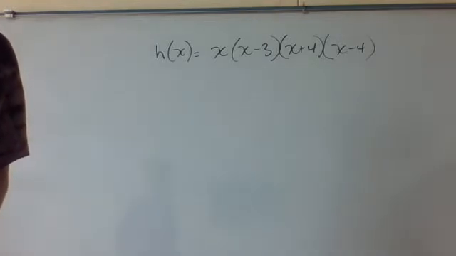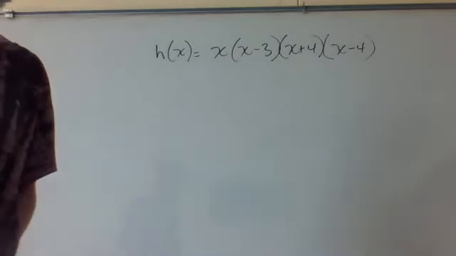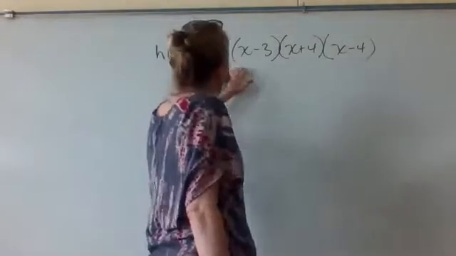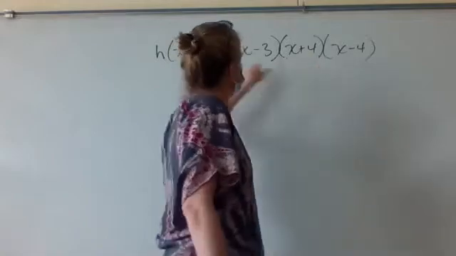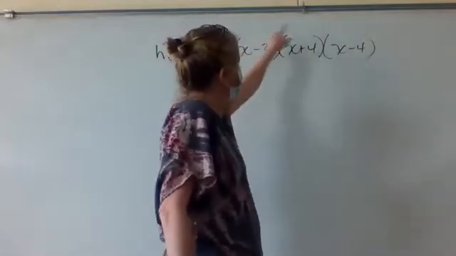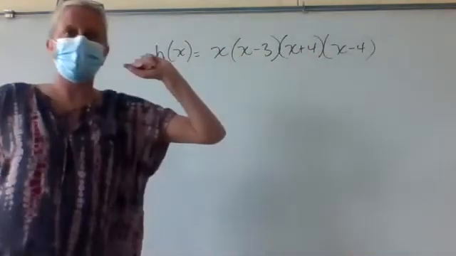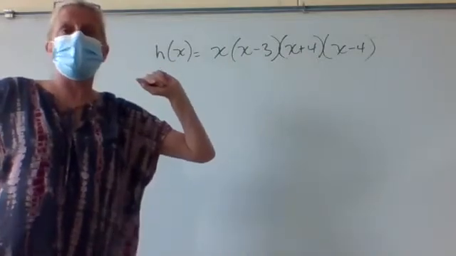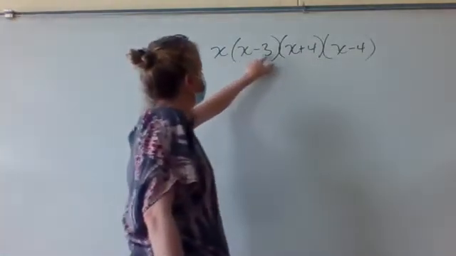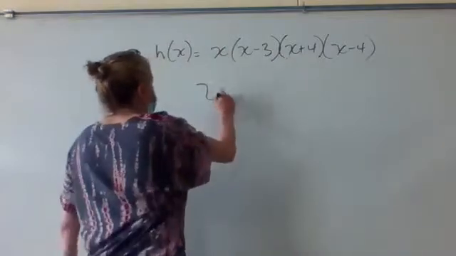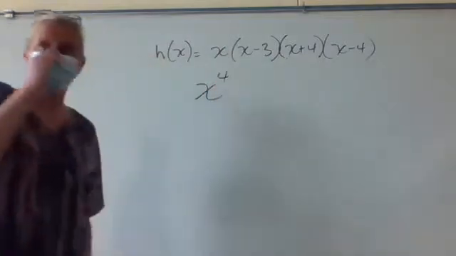So let's think about the end behavior first. If I was talking about end behavior, I would have to think of all those x's multiplied together. x times x times x times x, I'm going to end up with x to the 4th.